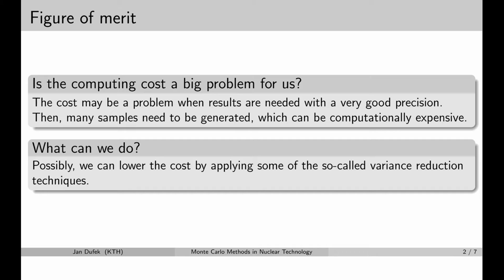That means very small standard deviation of the mean value that we calculate. So often we try to improve the computing efficiency, and we do that by employing the so-called variance reduction techniques. These are special techniques that can decrease the standard deviation of the mean value.